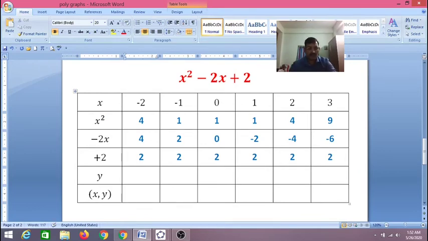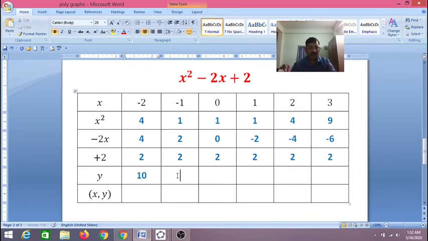Now the y values are 10, then 5, then 3, then 1, then 2, again 5. Okay, now just observe what happens here.